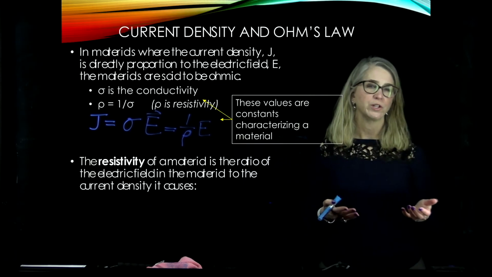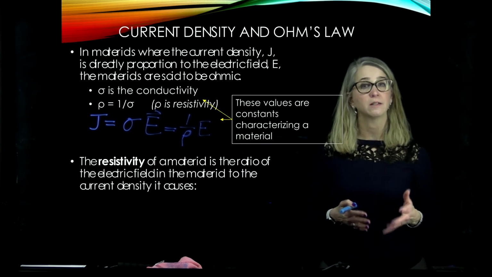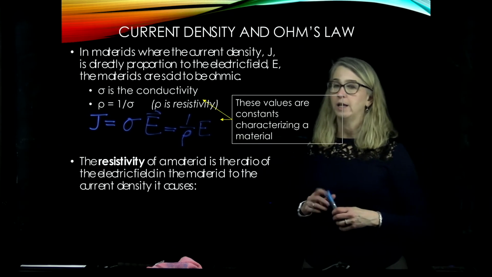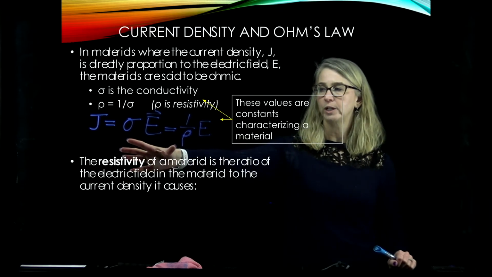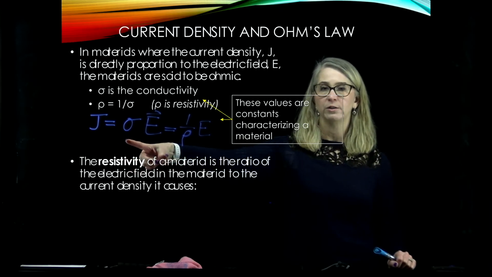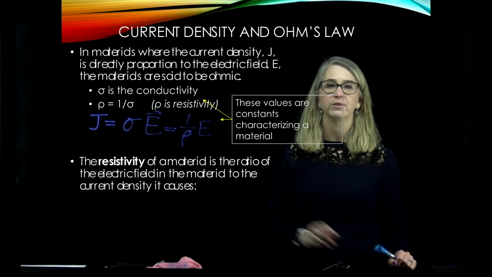When we have a proportionality, we need some sort of constant to make it an equation. The two proportionality constants we can choose from are called the conductivity or the resistivity.